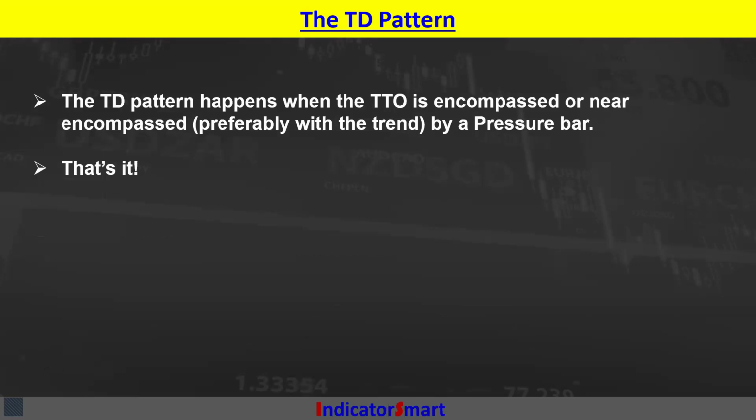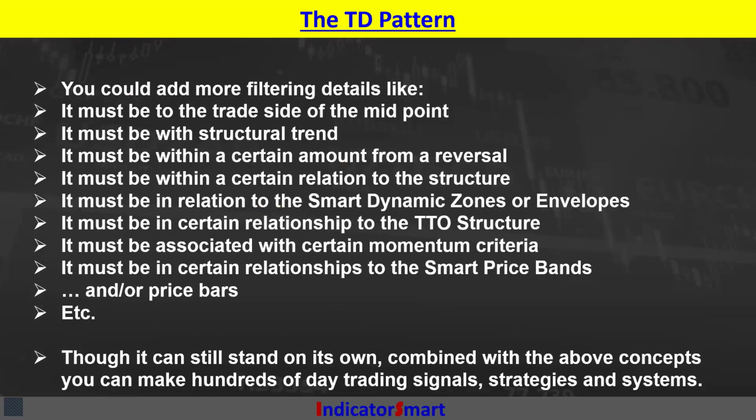The TD pattern happens when the Trap Trader Oscillator is encompassed or near encompassed. That's it. So we're going to look at some charts here in just a minute. I'm going to give you some more filtering details, like I think we covered some of these. I'd added a couple on here. It must be in relationship to the TTO structure. It must be associated with certain momentum criteria.